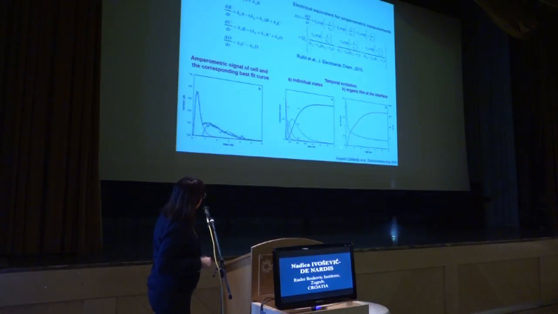This graph shows how the contact area of the cell at the interface increases, and at the same time how the thickness of the film decreases until it reaches 5 nanometers at the end, which is the end of the signal.